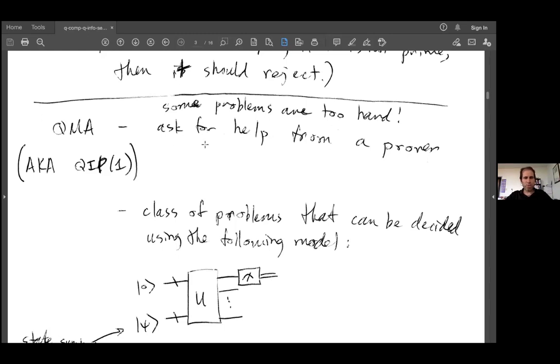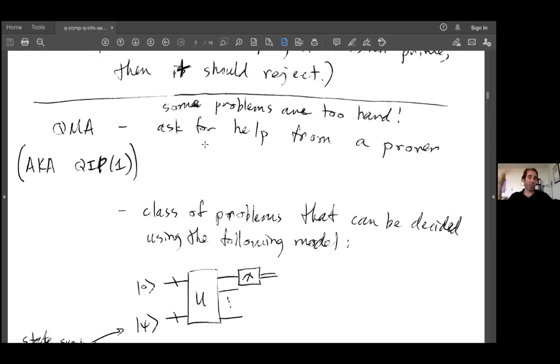Indeed, there are some problems that are too hard. Later on, I'll talk about this famous problem called local Hamiltonian, where you're trying to decide whether the ground state energy of a Hamiltonian is below some amount or above some amount. In that case, if you had the ground state of the Hamiltonian, then that would be helpful in deciding the answer to the problem.